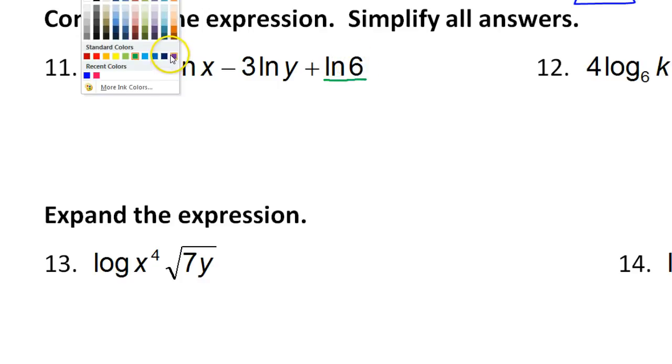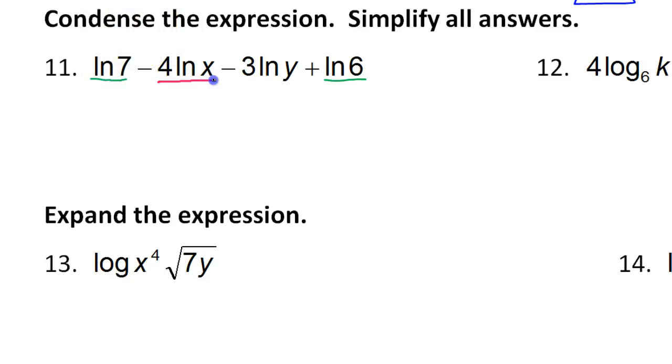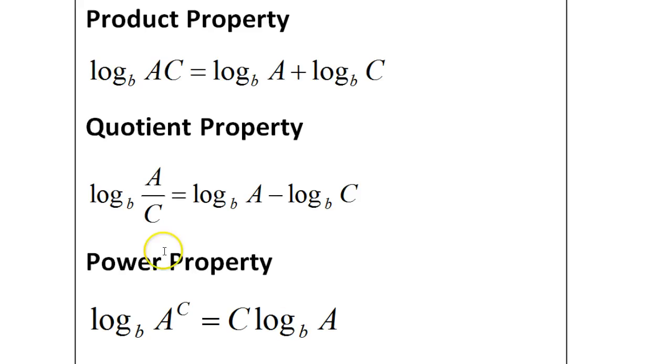Now, on the other hand, this term is negative and this term is negative. So these terms are going to contribute factors to the denominator. But wait a minute. First of all, we have to use the power property. If you see a coefficient like this, it's got to end up back as a power.